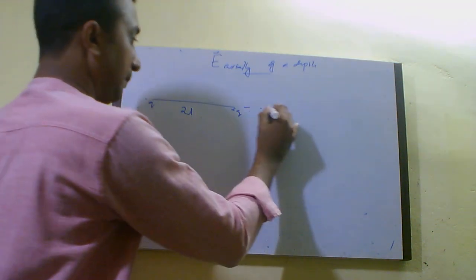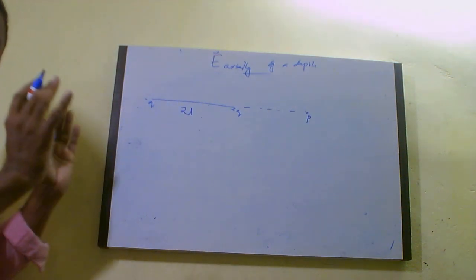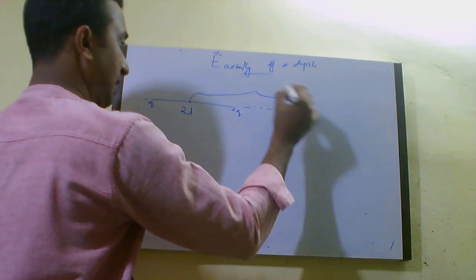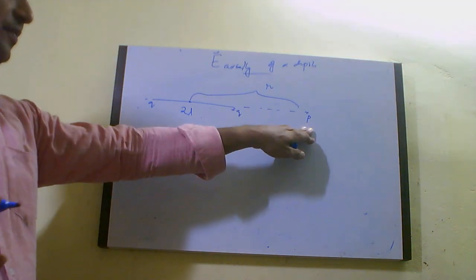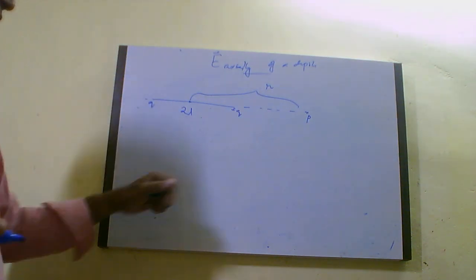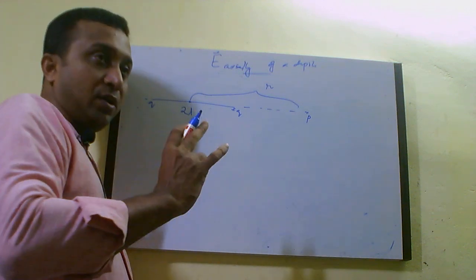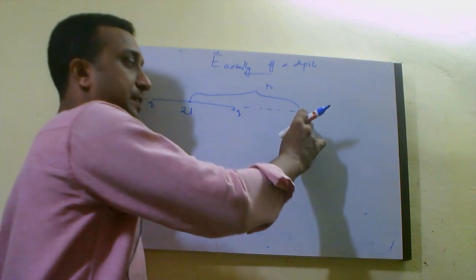Consider a point P, r distant away from the center of the dipole. What is the net electric field intensity at P? We have already discussed what is meant by electric field intensity: the force experienced by a unit positive test charge when it is kept at the point P.